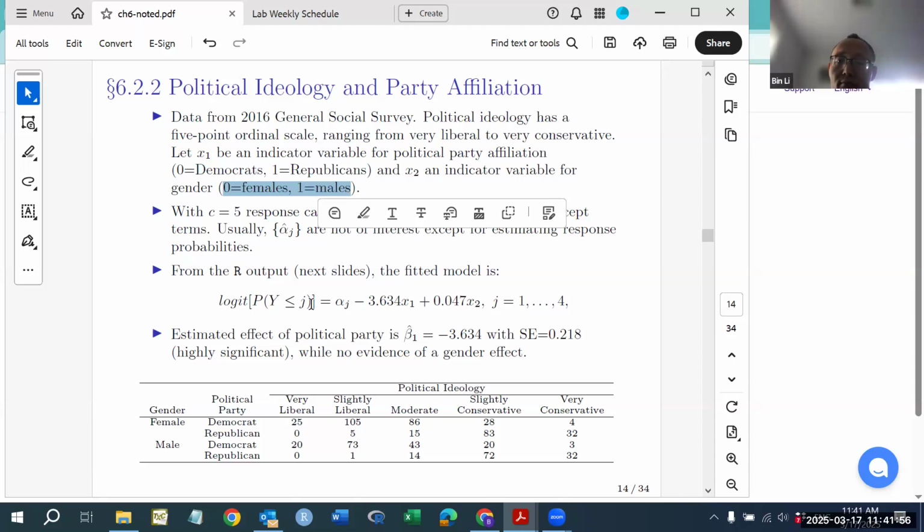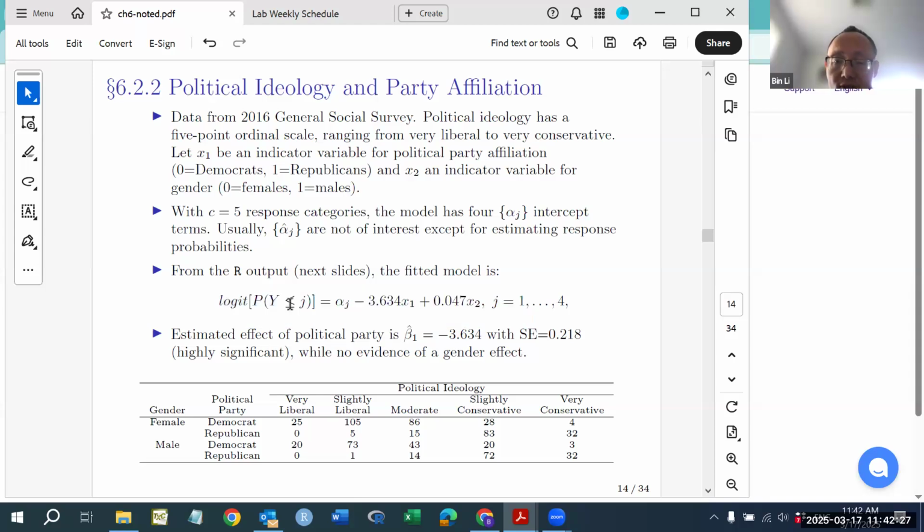Since we have an obvious ordinal relationship for the 5 categories in Y, we should use the cumulative logit model. Especially here, we assume the proportional odds, so we have the proportional odds cumulative logit model. This is the fitted model.